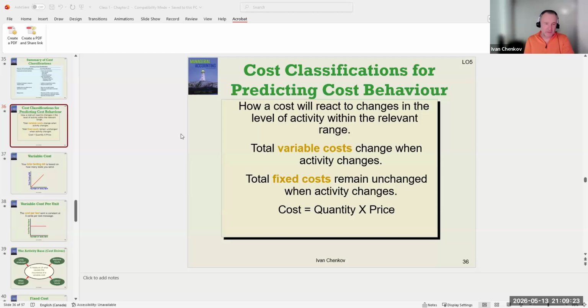Let's say the pass is $100. Okay. So, what kind of cost is this for you? Variable cost or fixed cost? It's a fixed cost. Why?